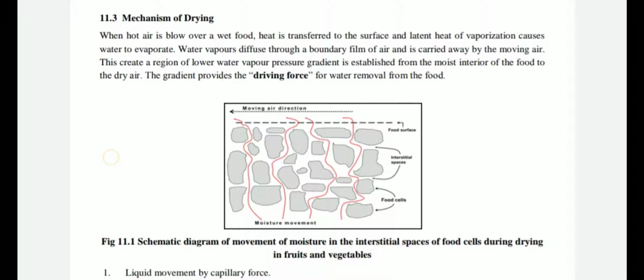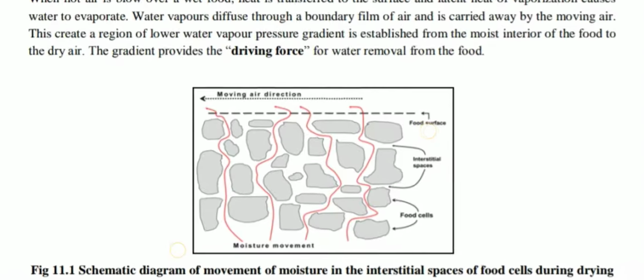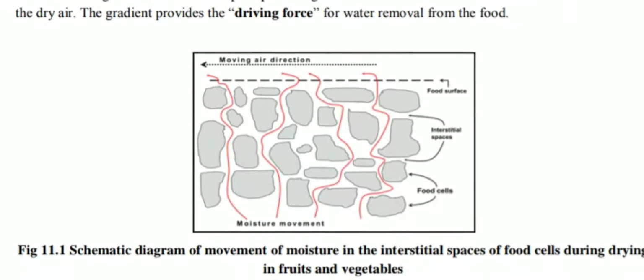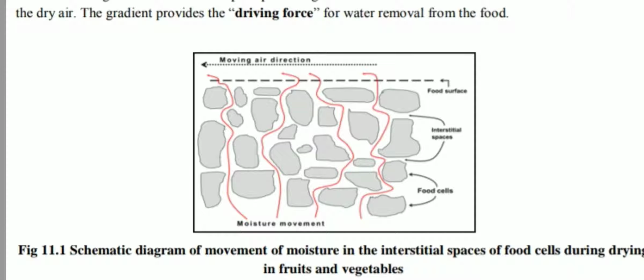This we can understand by seeing the schematic diagram of movement of moisture in the interstitial spaces of food cells during drying in fruits and vegetables. Now we can see that this is the cell system. This is the capillary space, within the red lines, which has free water in it.